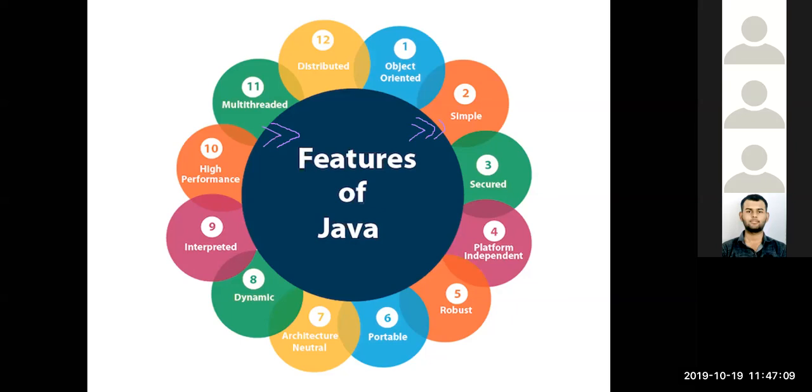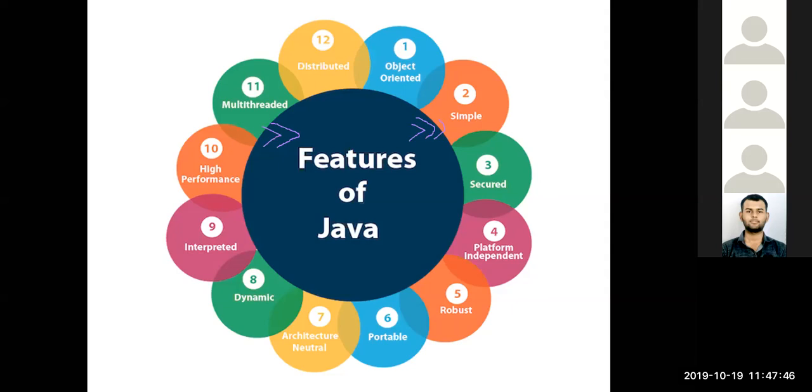Here we have three things: platform independent, architecture neutral, and portable. These three things are basically just one thing. What it means is, Java is platform independent: you design a particular application, you can easily port that to a different platform, and on that platform it runs successfully.